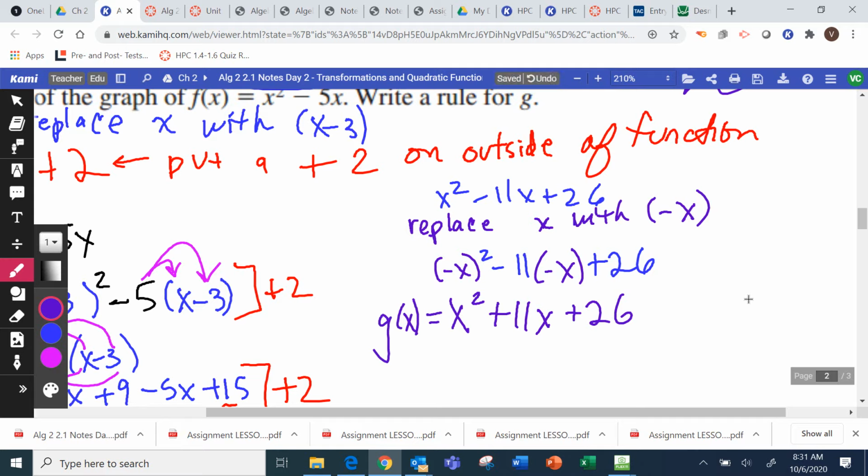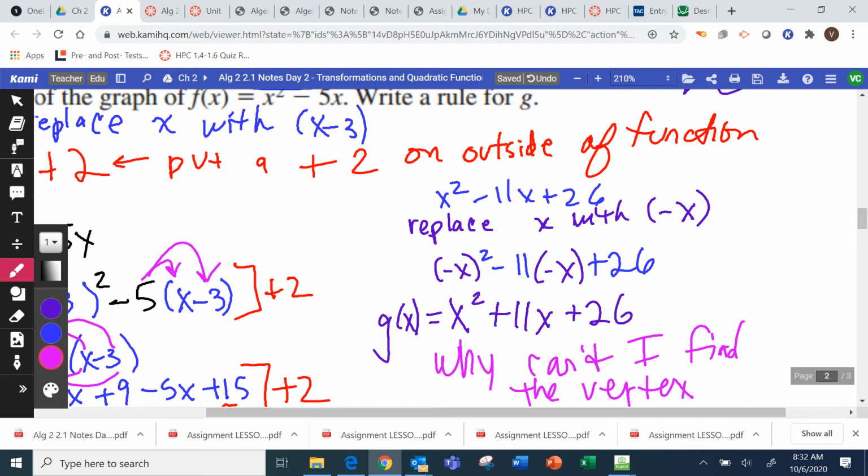Why can't I find the vertex in this form? This is the answer. Why can't I find the vertex in this form?